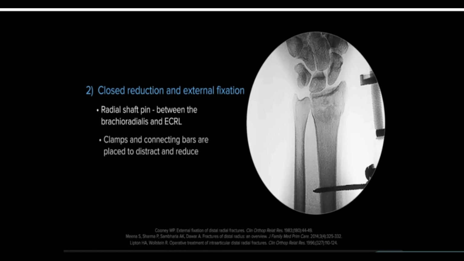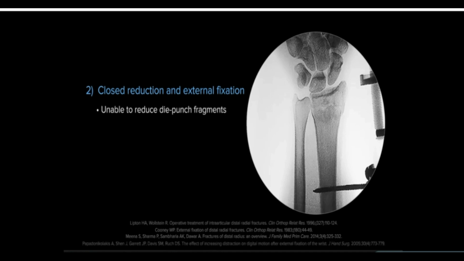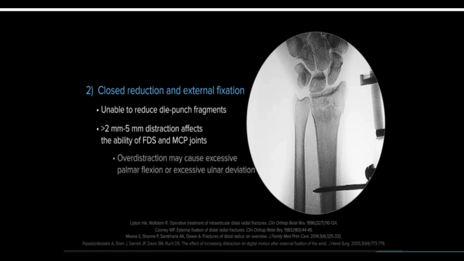The fixator clamps and connecting bars are then positioned, and while maintaining the distraction reduction maneuver, the clamps are tightened and secured. Though effective, this method is unable to reduce die punch fragments. It is also important to note that greater than 2 to 5 millimeter ligament distraction affects the ability of the FDS and MCP joints. Over-distraction may cause excessive palmar flexion or ulnar deviation.